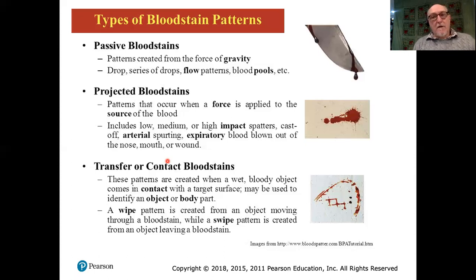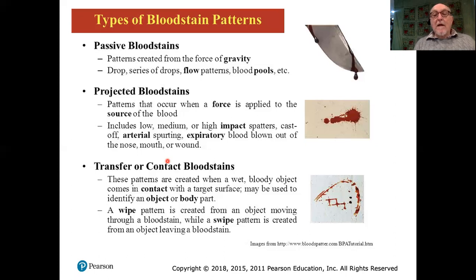The very, very important set of contact blood stains are if people have left fingerprints in blood. You'll remember from our discussion about fingerprints, those are called patent prints or positive prints, and they can be very, very important.